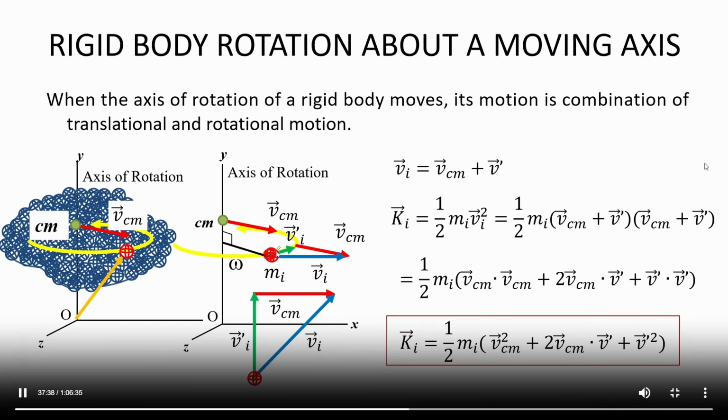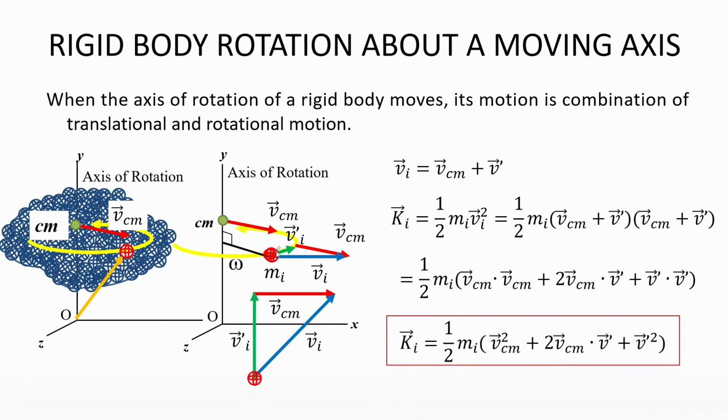This mass particle M1 has velocities. It has a tangential velocity, V prime I, and a velocity of the center of mass moving translationally, VCM. VI is the sum of the two velocities, the tangential and the translational VCM. So VI is like this.